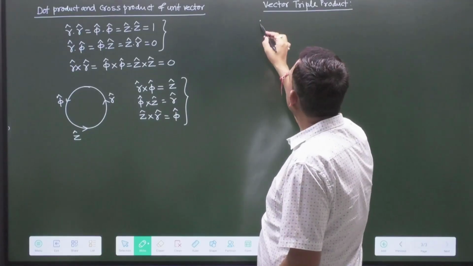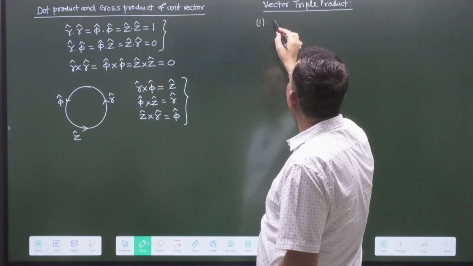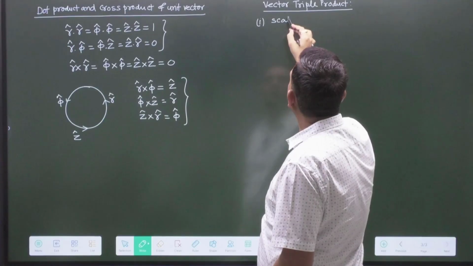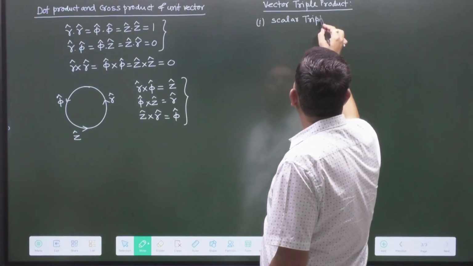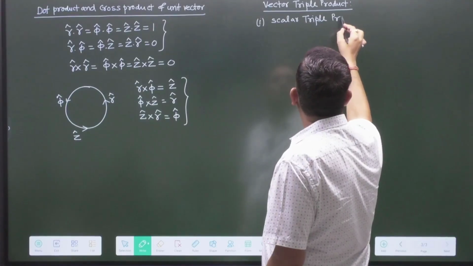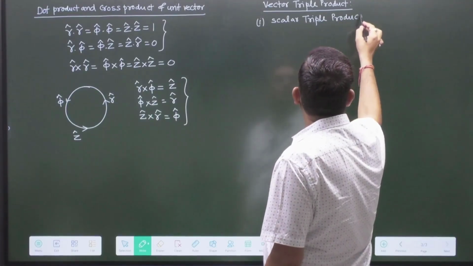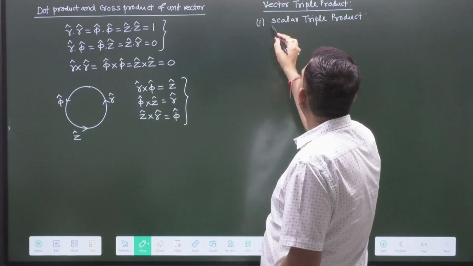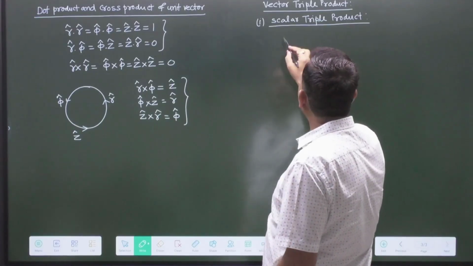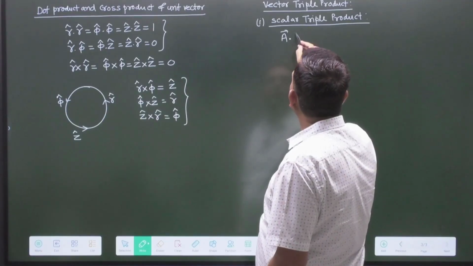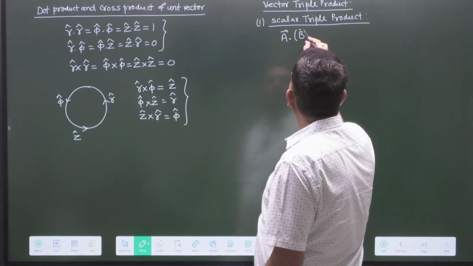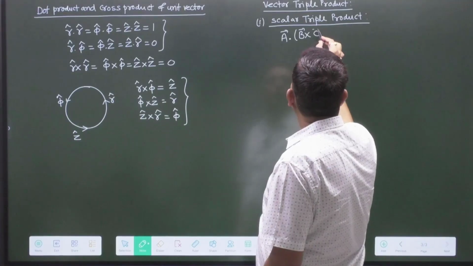First is the scalar triple product. If you have three vectors, you know that cross product is a vector.